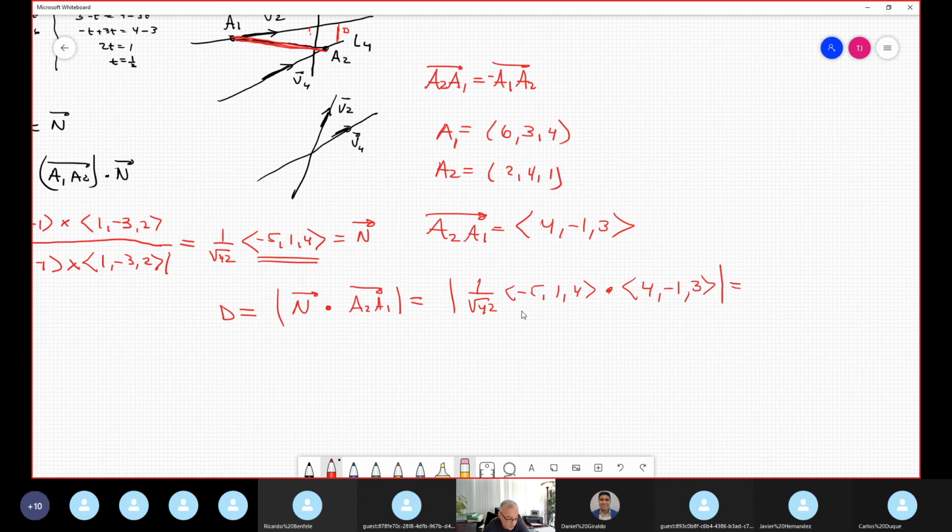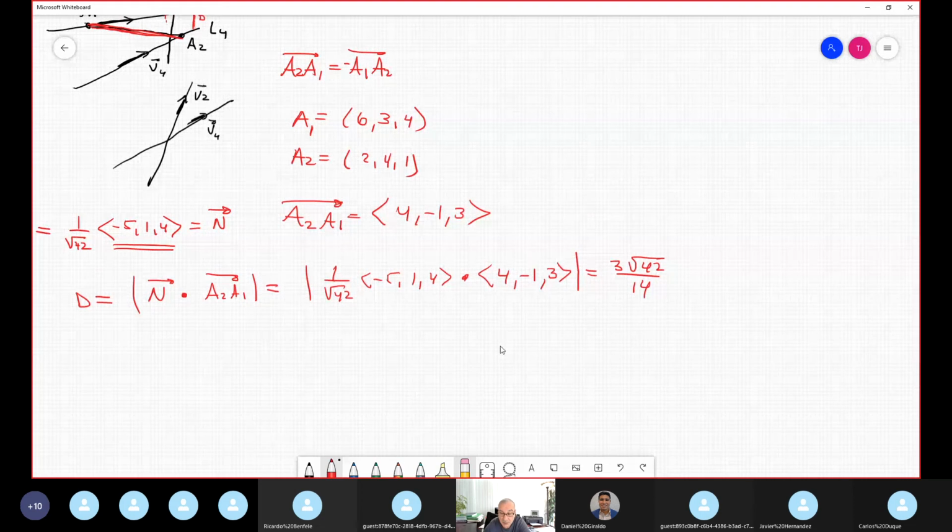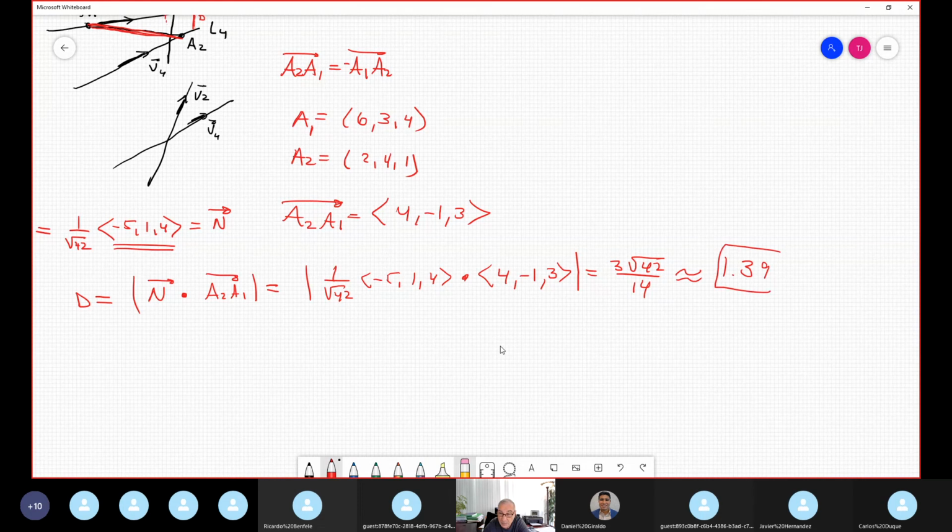You perform the dot product, and the answer is 3 radical 42 over 14. Remember the dot product answer is a scalar, and this scalar gives me the shortest distance between the skew lines. In the calculator, the approximation is 1.39 approximately. Wow, skew lines are complicated, right?